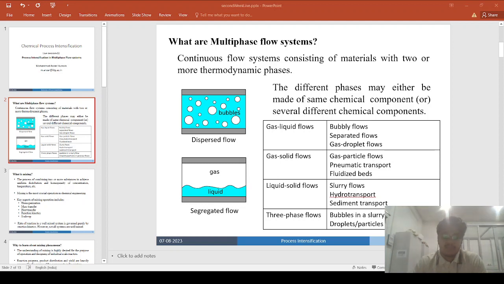Another example is the application of gas liquid chromatography for the analysis of liquid petroleum fractions. You can analyze the liquid petroleum fraction: the crude oil will contain lots of different hydrocarbon species, chemical species, and you can perform gas liquid chromatography.